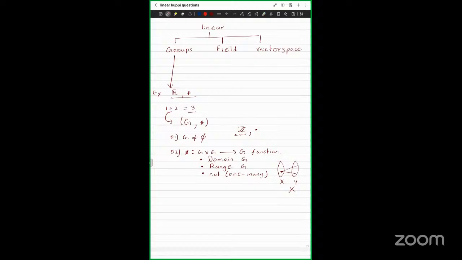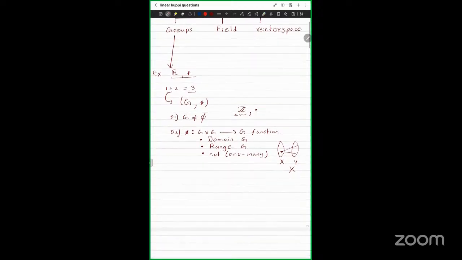The third condition is that it should be associative. I don't know exactly what the name is. A star B star C should be equal to A star B star C, grouped either way. We can't do the operation for three elements at the same time.